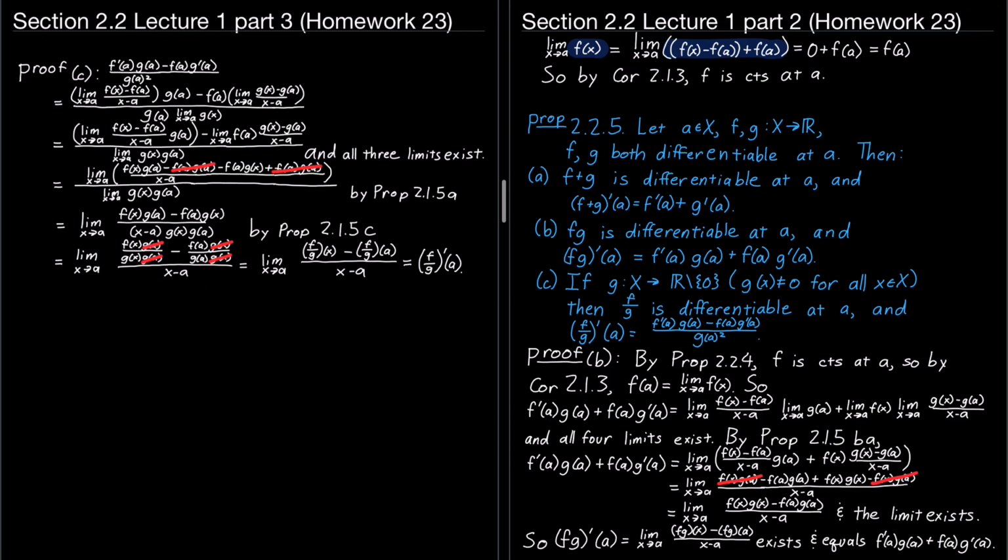So (f/g)' of a is equal to the horrible thing up here given by the quotient rule, and in particular, it exists. So f over g is differentiable at a.